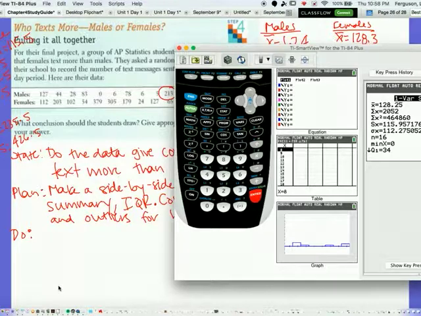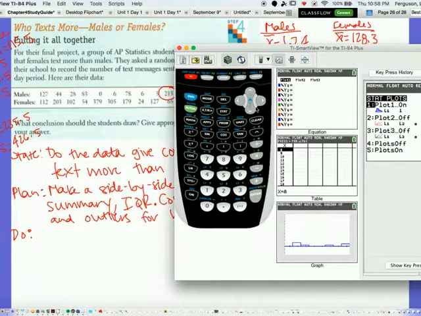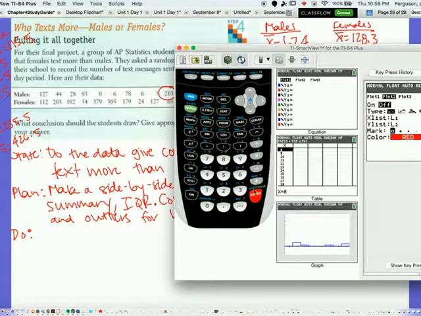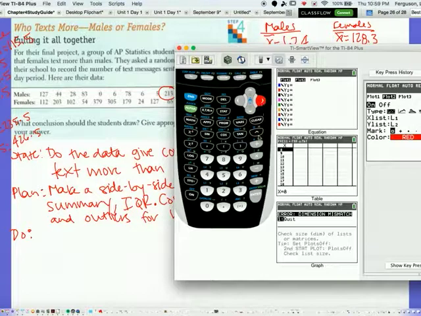So what I would have to do now is I would go to second Y, because that's my stat plot. Make sure that stat plot 1 is on and that stat plot 2 is on. And I also want to adjust those so that I have a box plot. So I'm going to scroll down to type, and I'm going to change them both to a box plot.